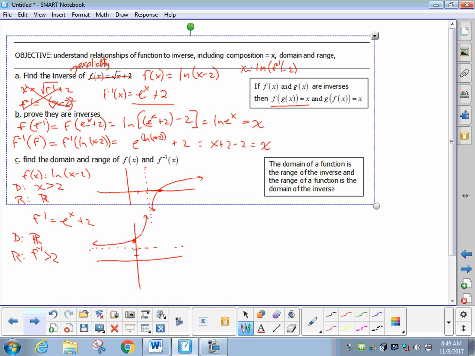Now, the idea then makes total sense. If an inverse involves switching x and y, then the domain becomes the range, and the range becomes the domain. So you can see the domain of the original becomes the range of the inverse, and the range of the original becomes the domain of the inverse. Okay? Assuming it's a function, and that's a bit of an assumption.